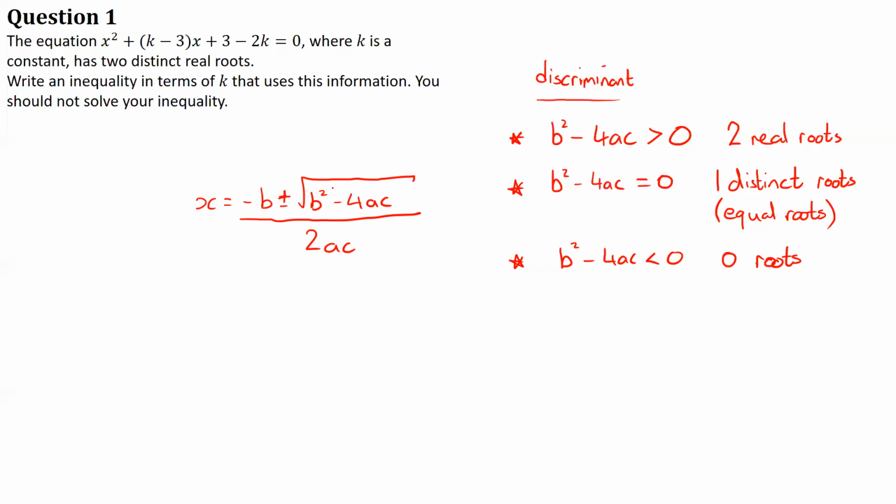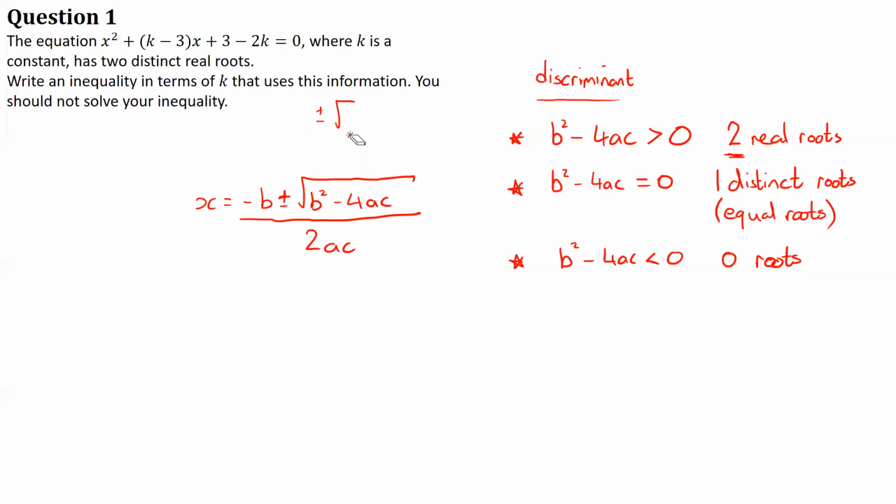If the square root is of a positive number, like 4, then we'll get plus minus 2. So to this b number, we will be adding 2 or taking away 2, and that will give us two different answers because it generates a plus and a minus.